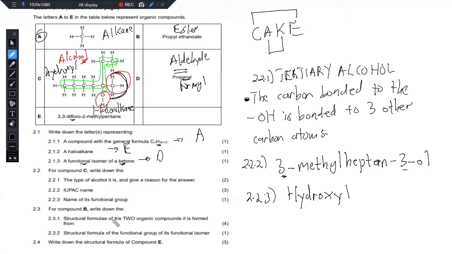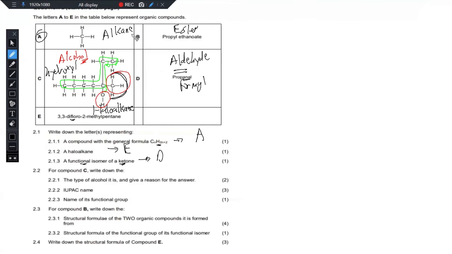For compound B, now they say write down the structural formulae of two organic compounds it is formed from. Compound B is an ester right there. So we know that an ester forms as a result of mixing an alcohol and a carboxylic acid. So whenever we have a reaction of an alcohol and carboxylic acid, we have an ester followed by a byproduct of H2O.